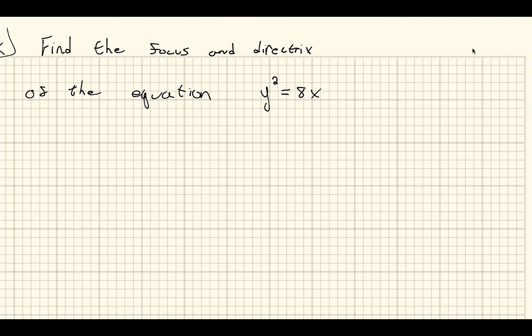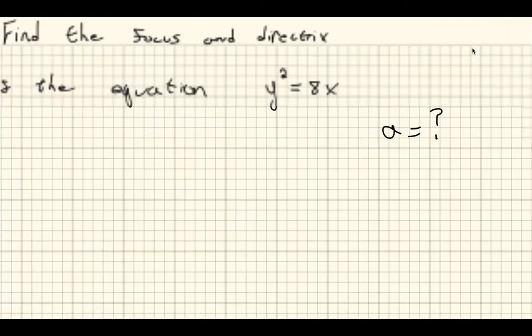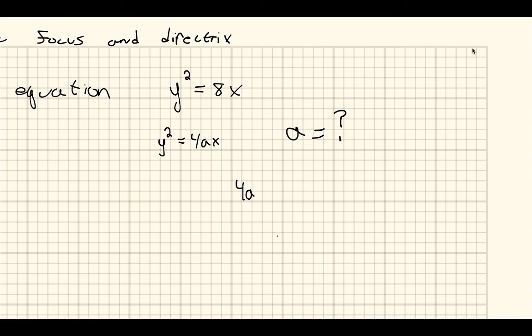So it's open horizontally because we know we have a y squared and not an x squared. So we need to find a. That's our question. And if we know the general form is y squared equals 4ax, what did we multiply 4 by to get 8? So basically we're solving 4 times a gave me 8.